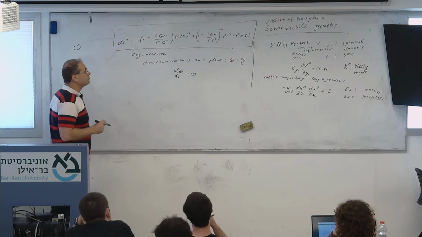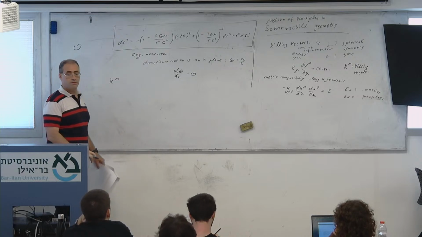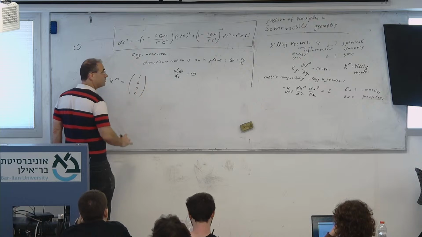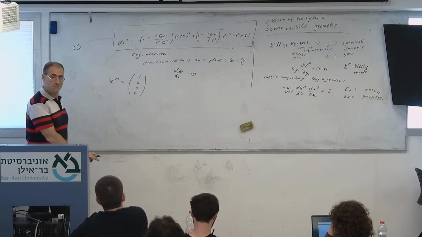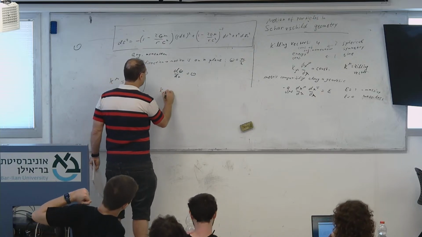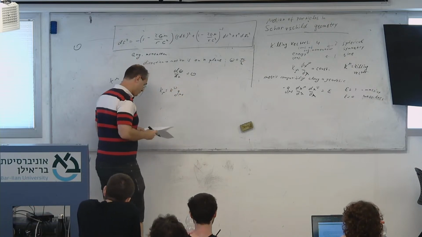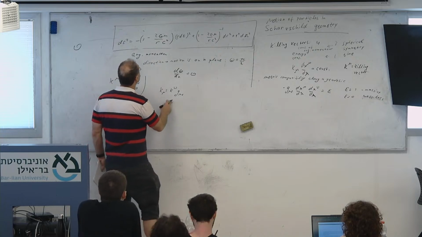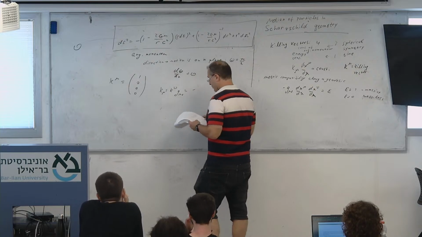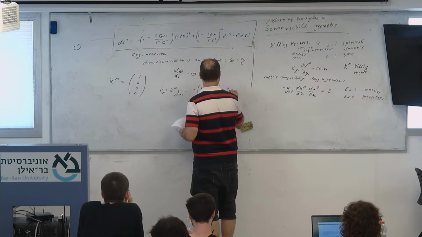What is the conservation of energy? This is a time-like Killing vector. How does a time-like Killing vector look? K^mu is 1, 0, 0, 0. What's the conserved quantity? K^mu g_mu nu. What do we have here? It says minus (1 minus 2GM over r).